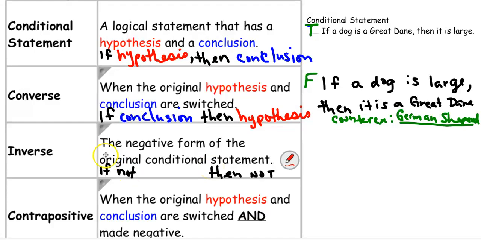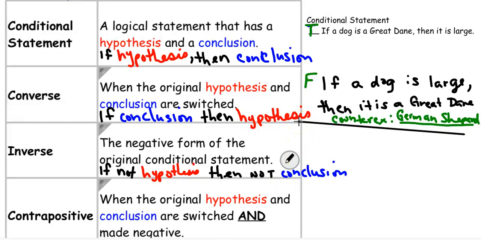So I'm going to go and write this stuff in. If not hypothesis, then not conclusion. We're doing a lot on this page. I'm going to draw a line here just to separate it out.